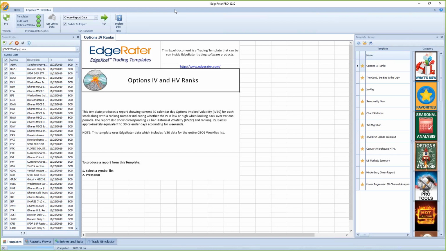And the data streams that are currently being processed and available within EdgeRater are implied volatility for various periods. So normally when people talk about implied volatility, for instance, the VIX, the VIX is an indication of the volatility in the S&P, in the SPX index, essentially.